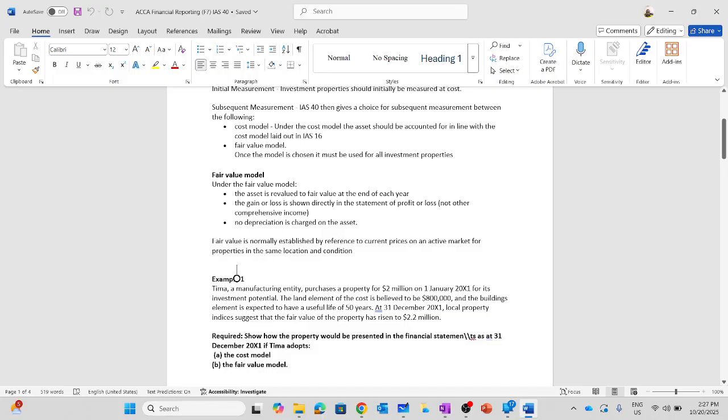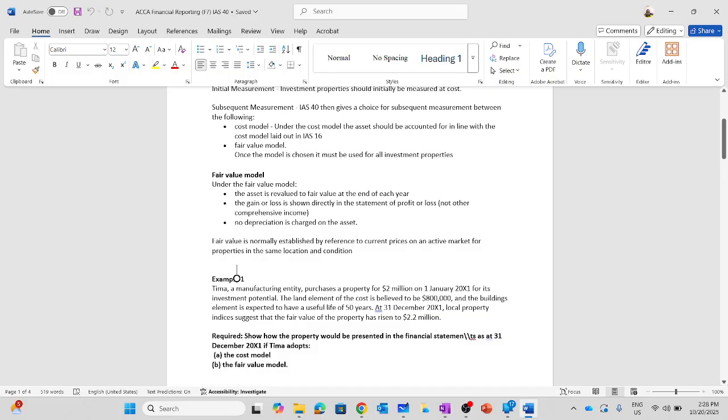Now, let me just explain a little bit. By right, as a student, you should be thinking about why we should include the gain, especially the gain on the fair value measurement, directly in the statement of profit or loss instead of other comprehensive income.